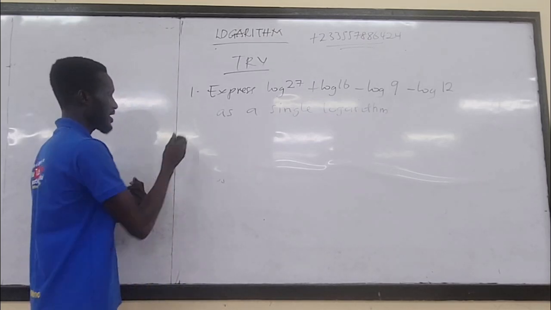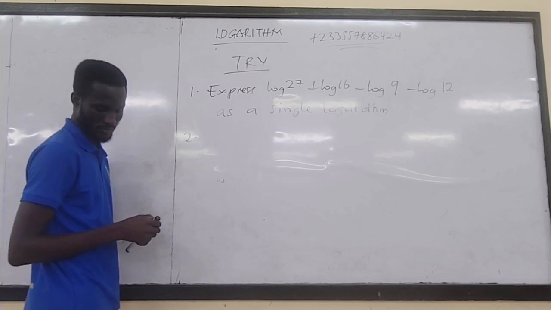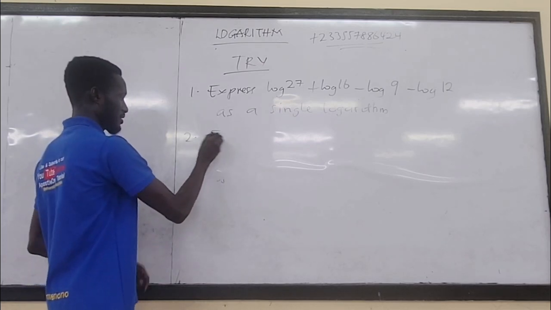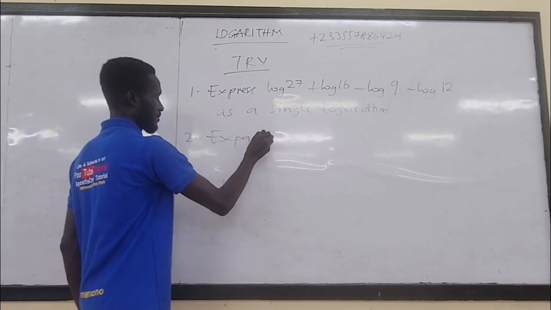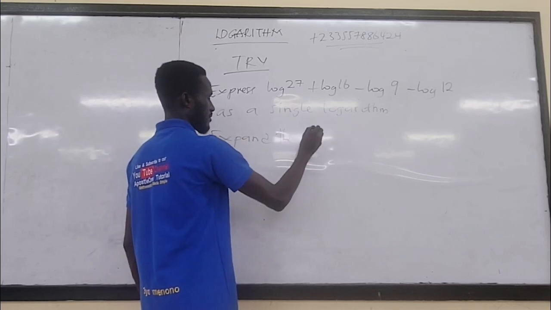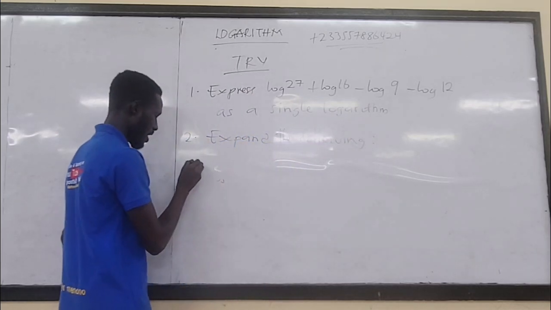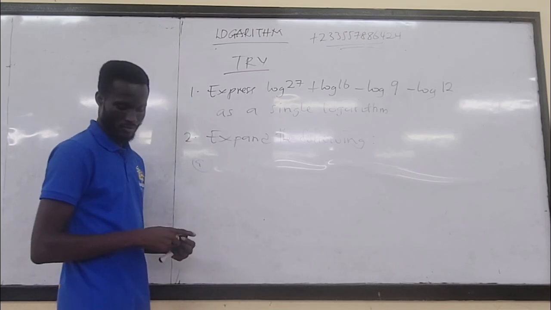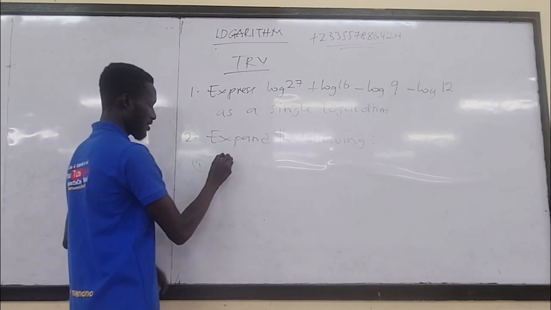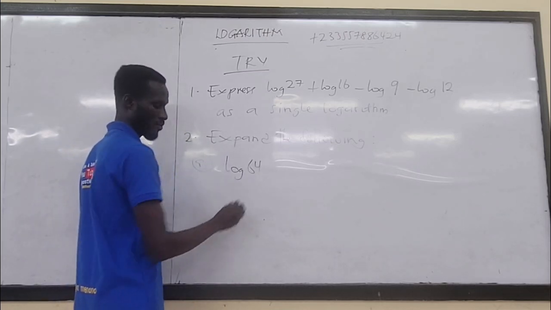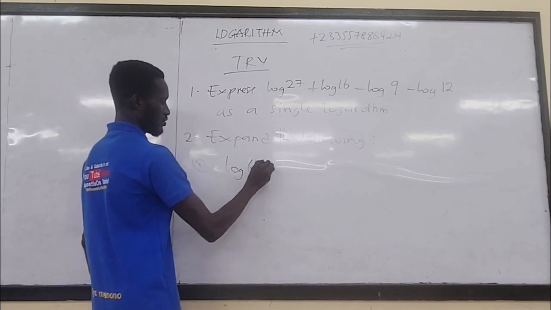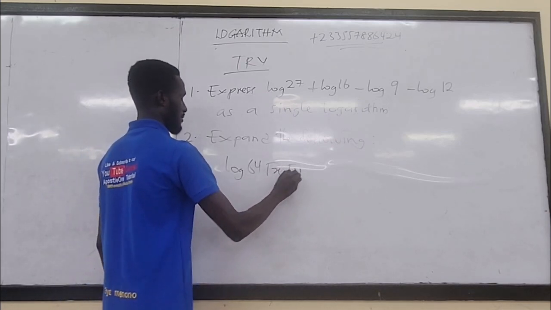Okay, so now to expand the following. Now A, we have log 64 root x root y.